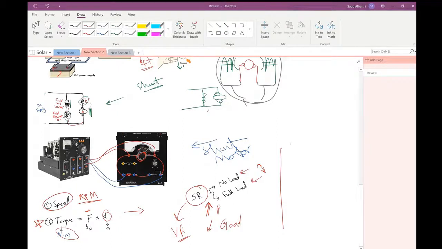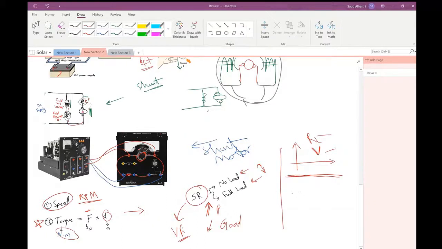Previously in the generator, we saw two important characteristics, the load or R load and the voltage. Both of them play a major role in determining if the generator is suitable for us or not.